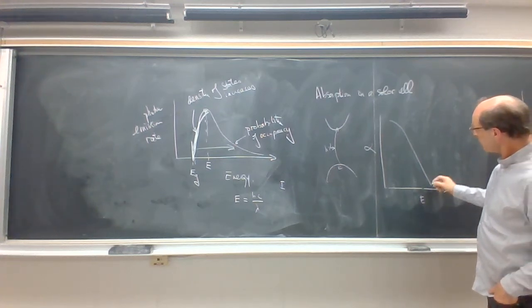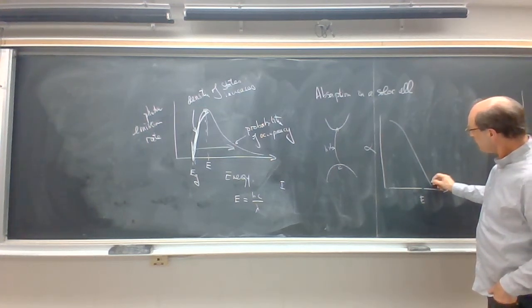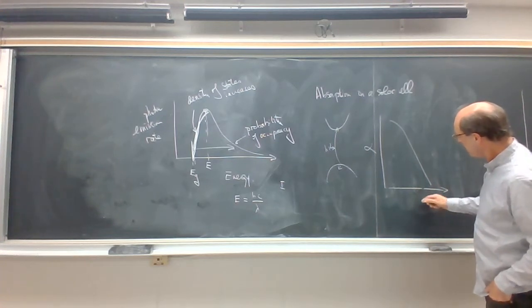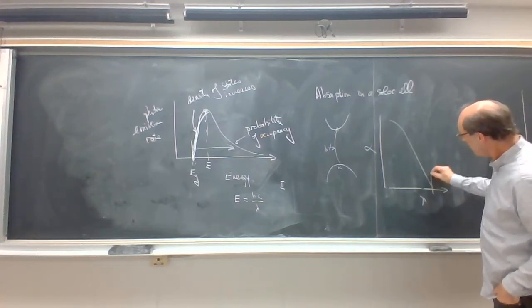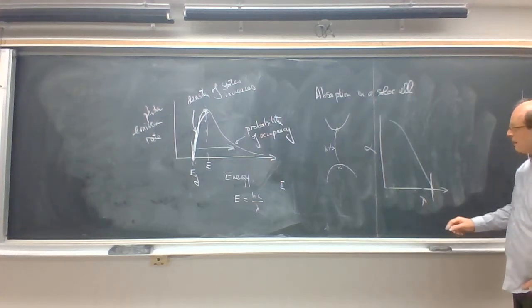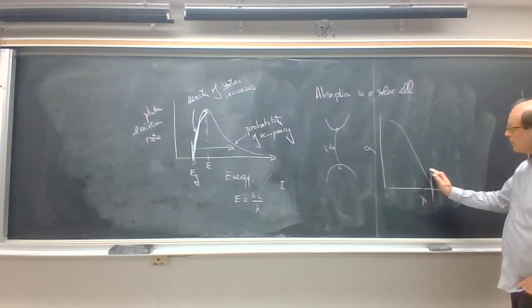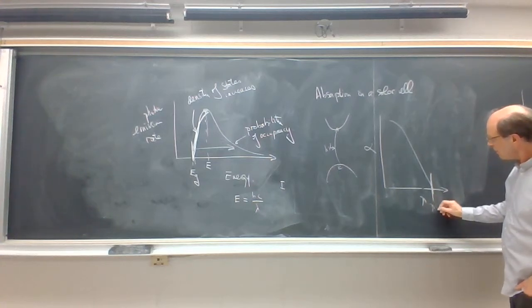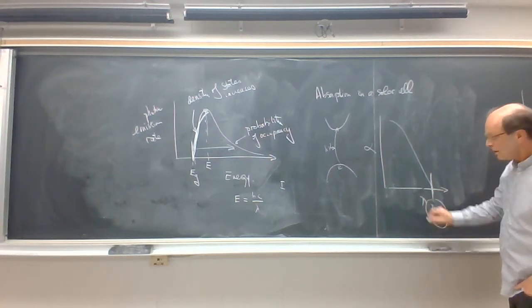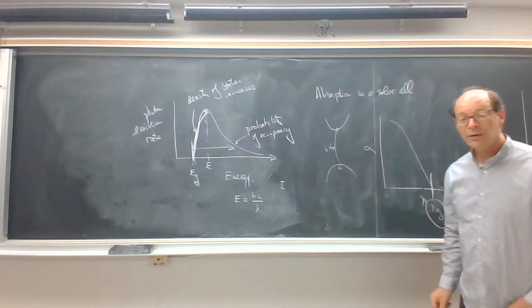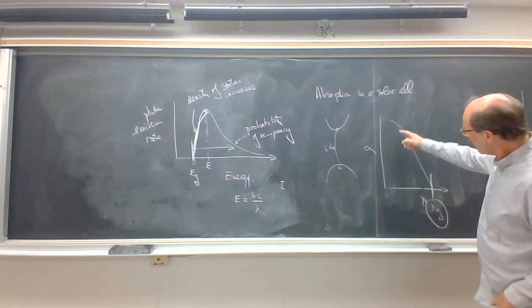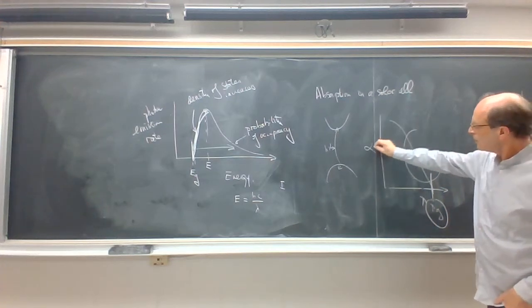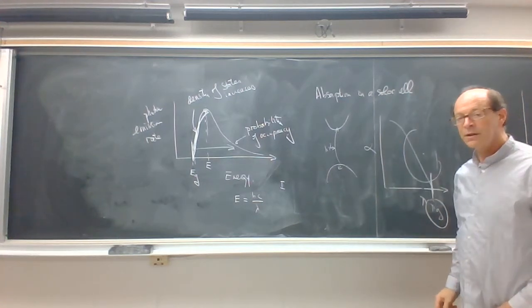The absorption would occur for wavelengths, lambda, below a certain wavelength, and it would not occur for wavelengths above a certain wavelength. So this would be lambda sub g, which is the lambda associated with the energy gap. We can now predict the shape of the curve for the absorption coefficient.